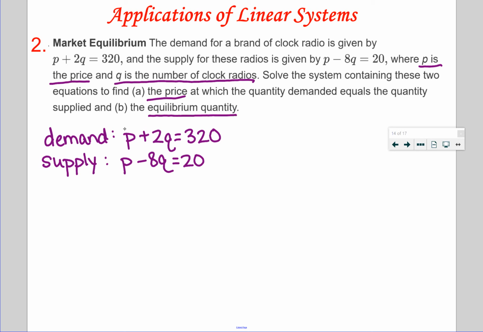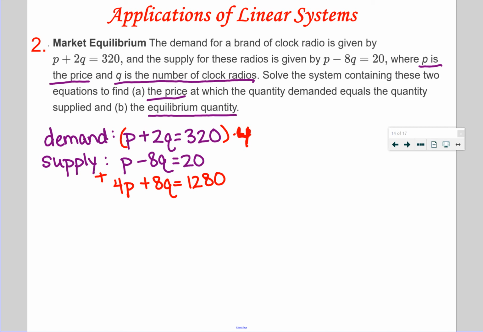I'm going to multiply the top equation by 4. Actually, not -4, just a +4 would work here. That would give me an 8Q and a -8Q, and I could get my Q's to cancel. So the top by 4 will give me a 4P, 8Q, and 1,280.